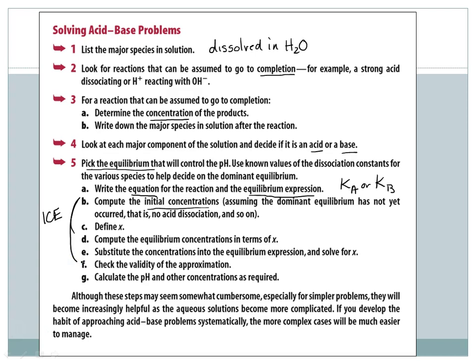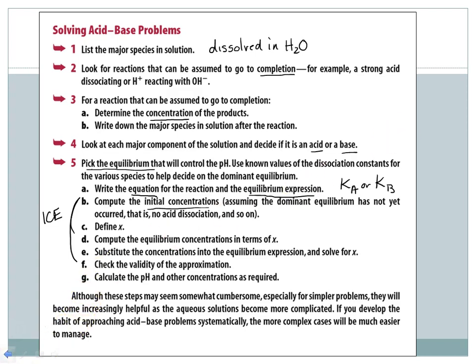And these are your ICE box techniques that you learned in the previous chapter. Substitute concentrations into the equilibrium expression, solve for X. There's a little shortcut that we talked about in the previous chapter. With this one, you're going to have to check and make sure that your assumption, that little shortcut, is correct. And then from there, calculate the pH or whatever else the problem is asking you.